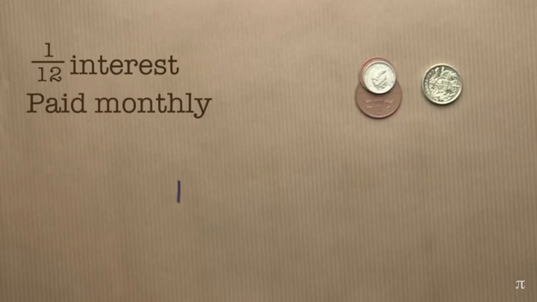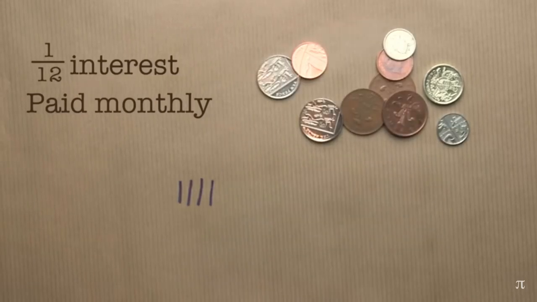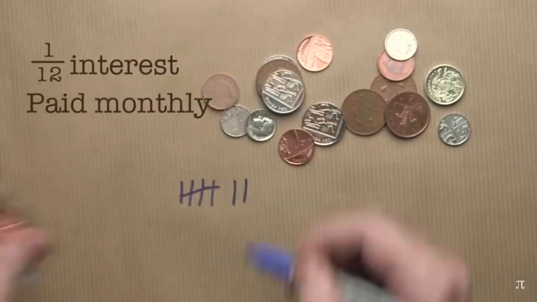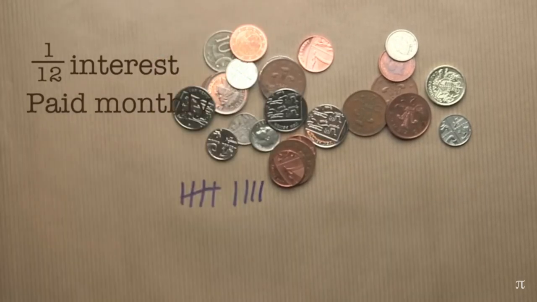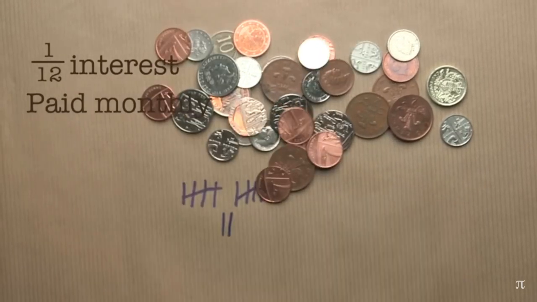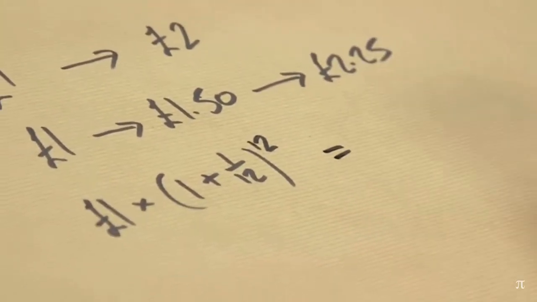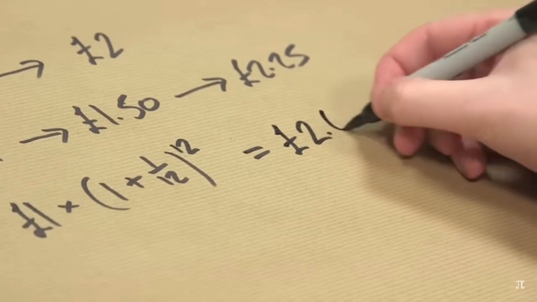So you do that, that's your first month. And then for your second month, you take that and multiply it again by the same value. And then your third month, you would multiply it again and again. You actually do that 12 times in a year. So in a year, you would raise that to the power 12 and you would get £2.61. So it's actually better. In fact, the more frequent your interest is, the better the result.